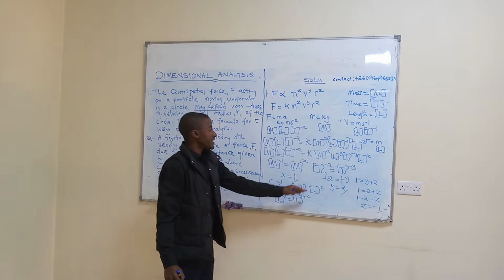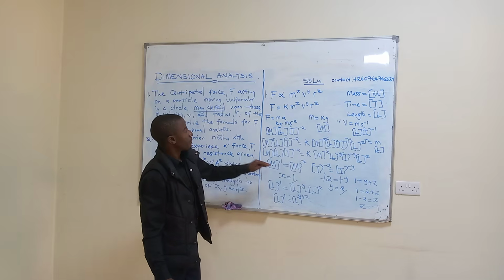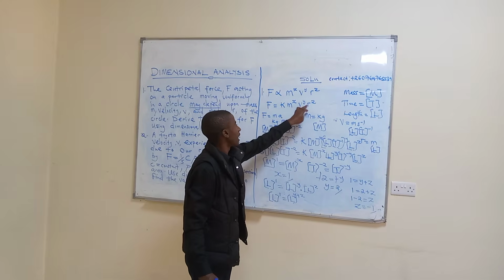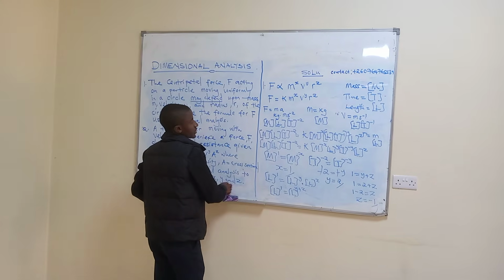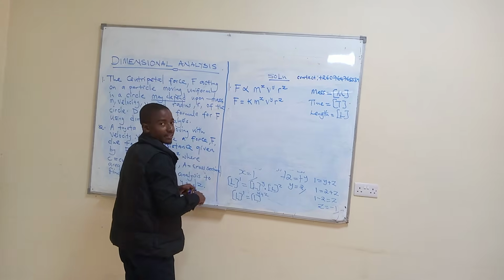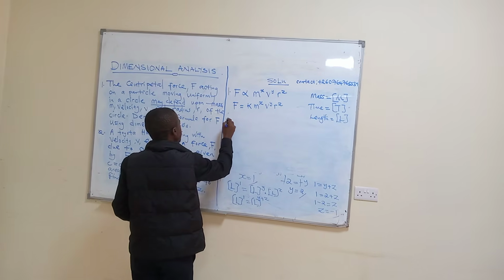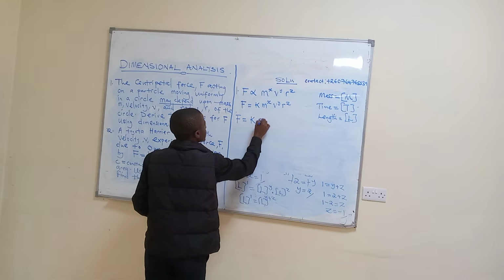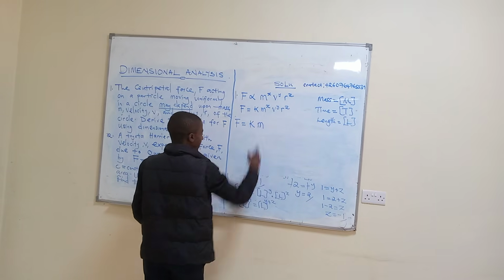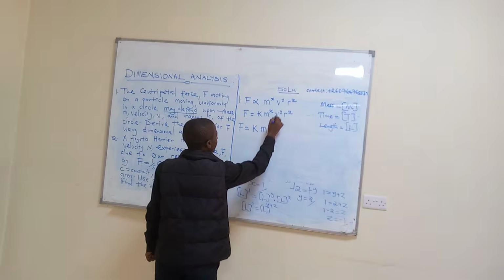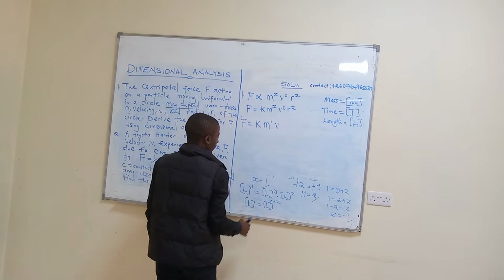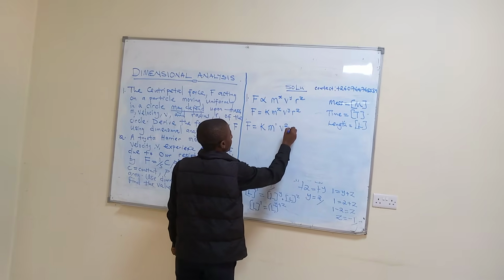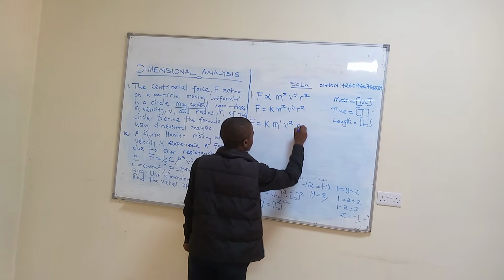After finding these values, you now replace them in your respective x, y, and z. So force is equal to constant, mass raised to power x, that is 1, and then velocity raised to power y, that is 2, radius raised to power negative 1.